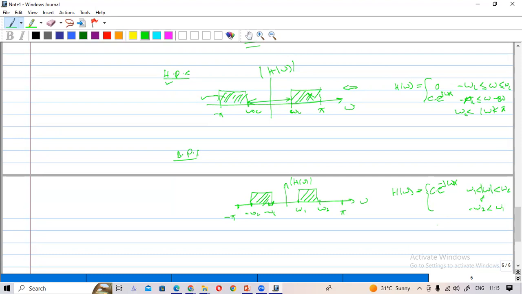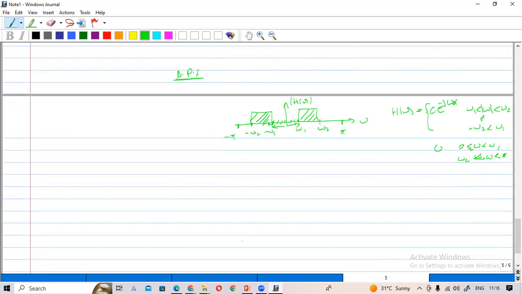And 0 within the other range: from 0 to omega 1, it is 0. Then omega 2 to omega 5 is also 0. In this range and this range, it is 0. So this is the band pass filter.